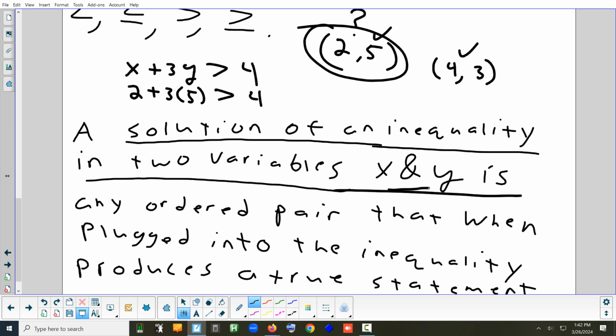A solution of an inequality in two variables. We usually use x and y. And then you already have the "is" part. Any ordered pair that when you plug it back into the inequality, you get a true statement. So you just have to write down the part that's underlined.